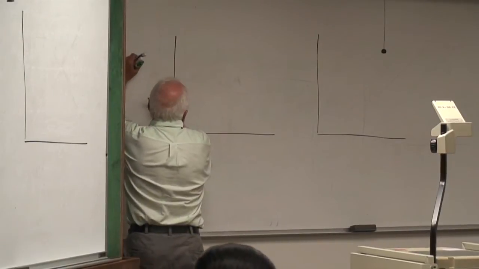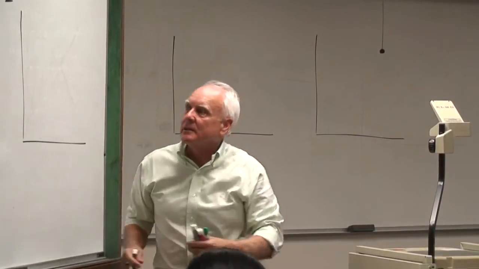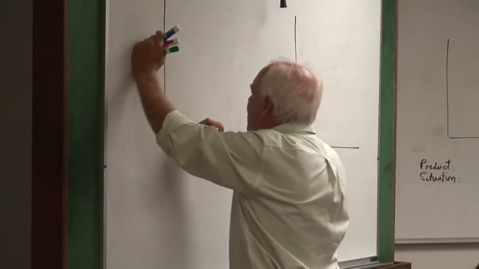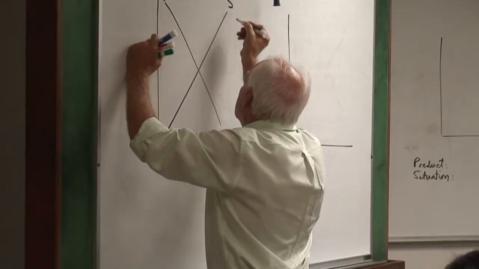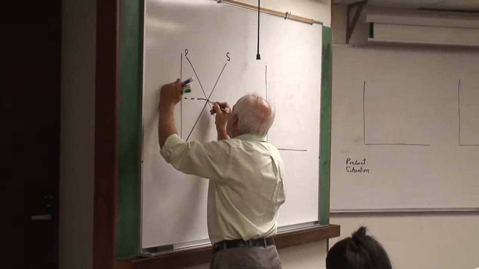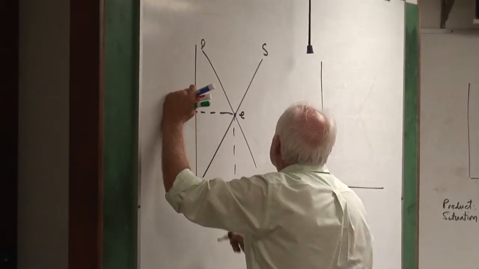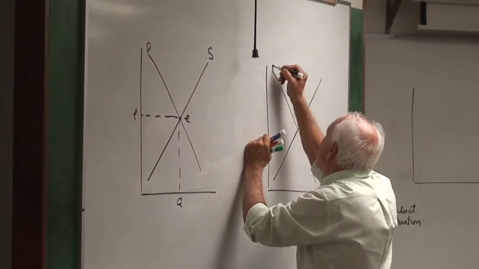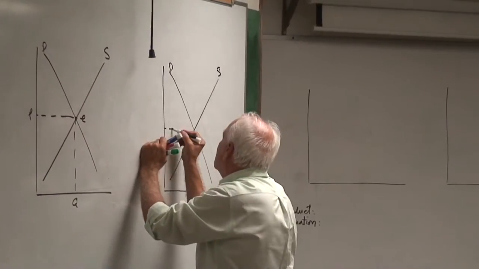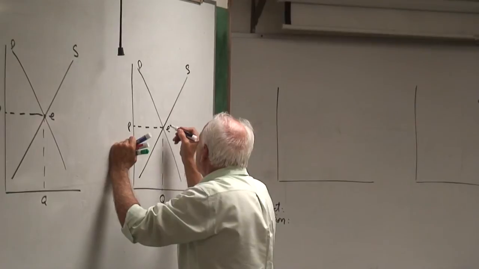So the first thing you want to do in all of these cases is to put in the supply and demand at equilibrium, the starting point. Demand, supply, price, quantity, equilibrium. And you can do that on this one too. Demand, supply, price, quantity, equilibrium.